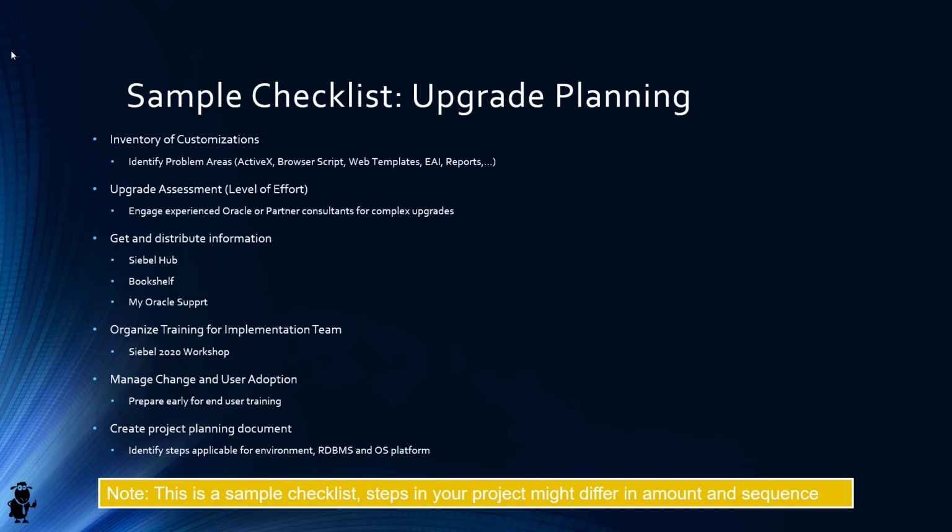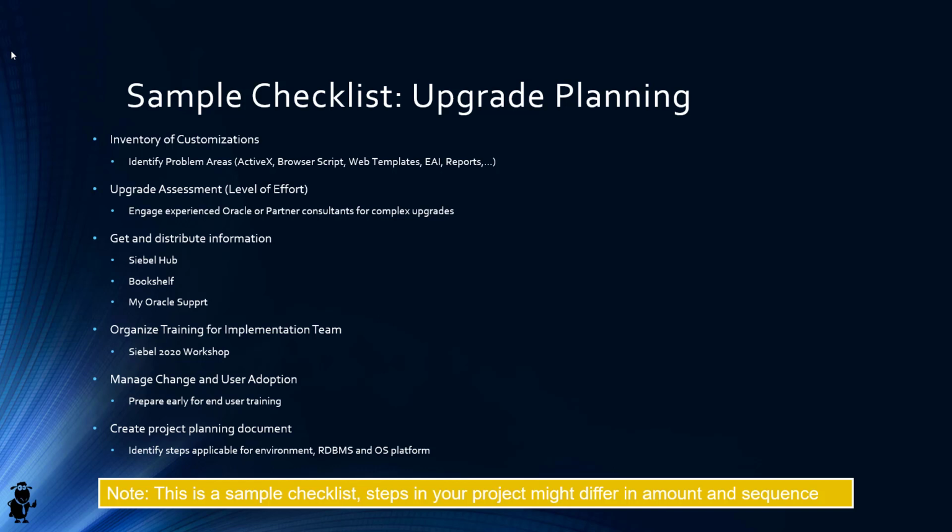Get information from locations such as the Siebel Hub, Siebel Bookshelf, or My Oracle Support. Make sure you distribute that information to the team, make sure that knowledge is transferred, including organizing training for the implementation team, such as the Siebel 2020 workshop provided by the Siebel Hub.